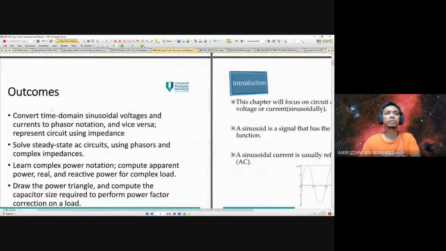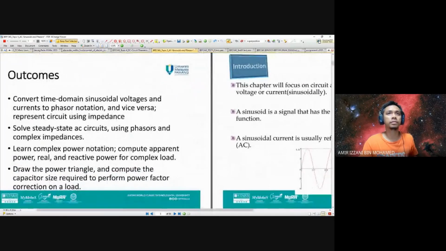So the outcomes of this chapter is you must be able to convert time domain sinusoidal voltage and current to phasor notation and vice versa. Represent circuit using impedance, solve steady state AC circuit using phasors and complex impedance. It is a complex number.